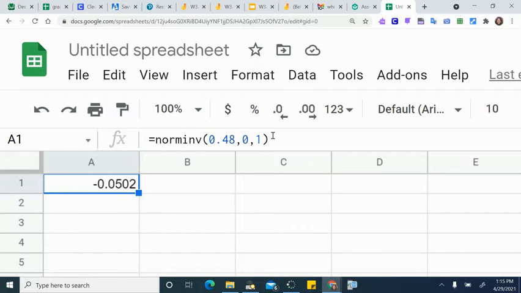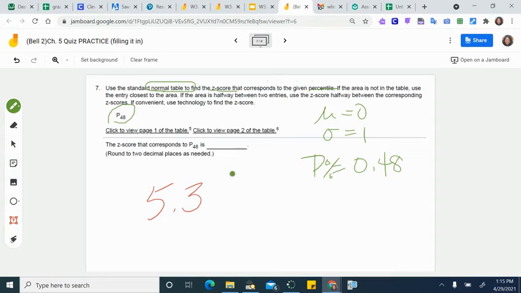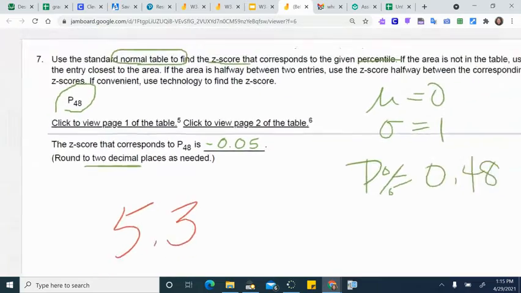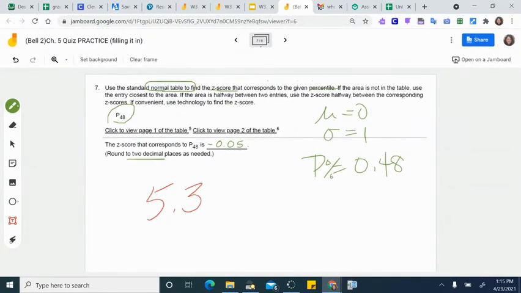If they say z, then you need to know the mean is 0, the standard deviation is 1. So negative 0.0502. Oh, 2 places. So negative 0.05. Somebody asked yesterday, what if you don't put the negative down? Then it's wrong. So if the answer is negative, you would have put negative.